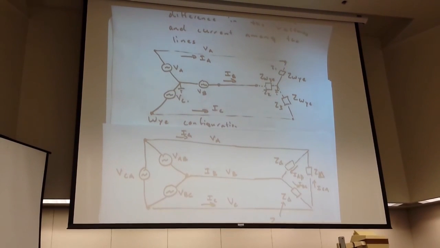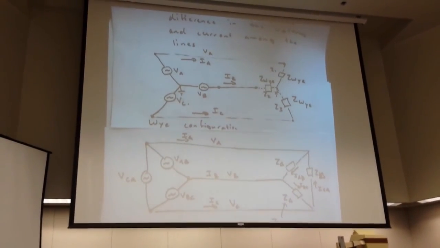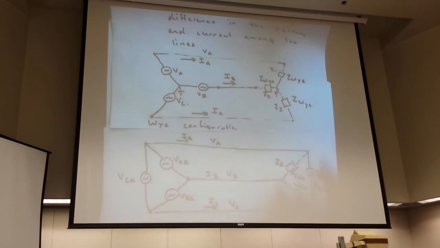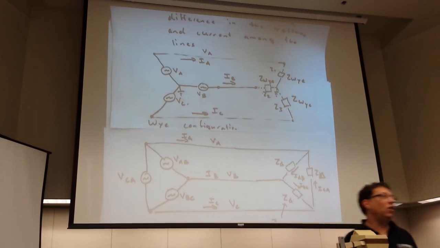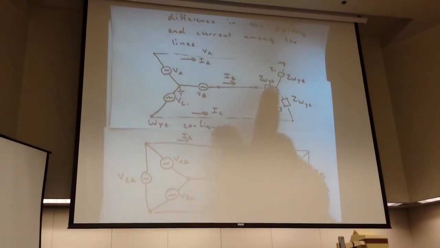Well, the voltages VA, VB, and VC are all the same, of course, and IA, IB, IC have to be consistent. But for this to represent equivalent systems, what do I really care about? Ultimately, it all comes down to one thing, and what is that? Power. We really care about power.